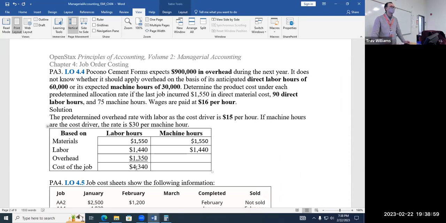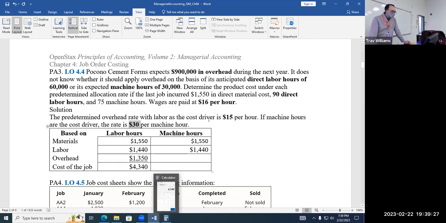Well, now we want to compare that with what if they use machine hours as their driver for overhead. Well, it says machine hours, they would apply $30 per machine hour for overhead. Where's that coming from? It's the estimated overhead divided by the 30,000 machine hours. That's where they get $30 of overhead per machine hour. So then it says here that this job uses 75 machine hours. So how would we calculate our overhead for this job if we use machine hours?